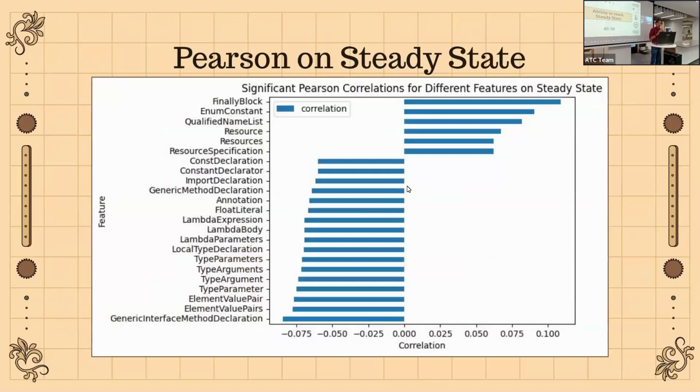So just having a look at the more nitty-gritty, just so you can see some of these features. You can see that in Pearson's, now this is for each type of correlation study, we have separate graphs. So we have the Pearson correlations of different features on the ability to reach a steady state. You'll see that the finally block has about like a 13% positive correlation, and you have something like generic interface method declaration, that's a word, that has a negative 8% correlation.